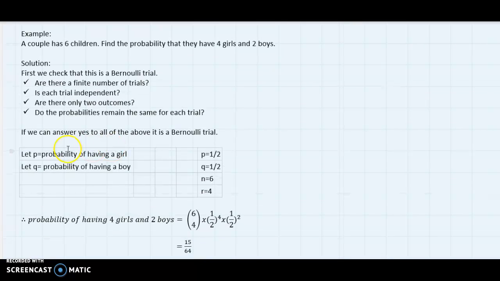So let's see. If we let P equal the probability of having a girl, well then P is a half. Then if you let Q equal the probability of having a boy, then Q is a half as well. Then our total number of trials is 6, because they have 6 children. And the probability that they have 4 girls means that R is 4.